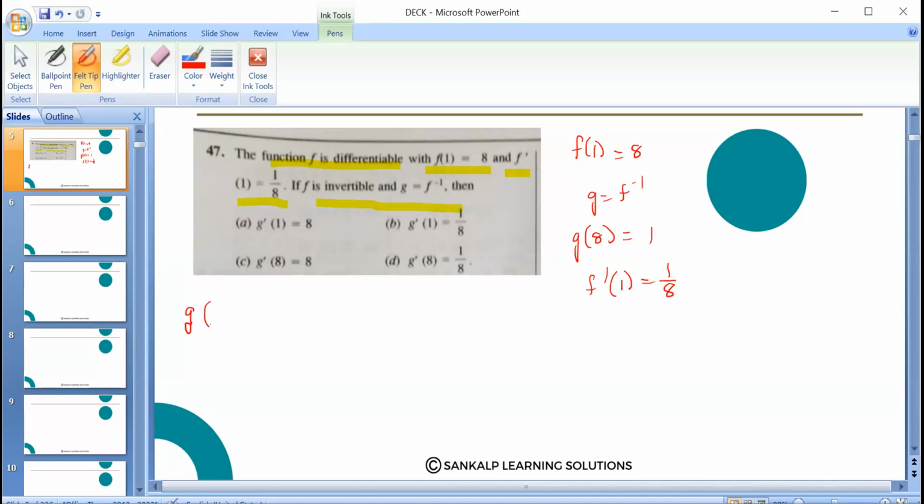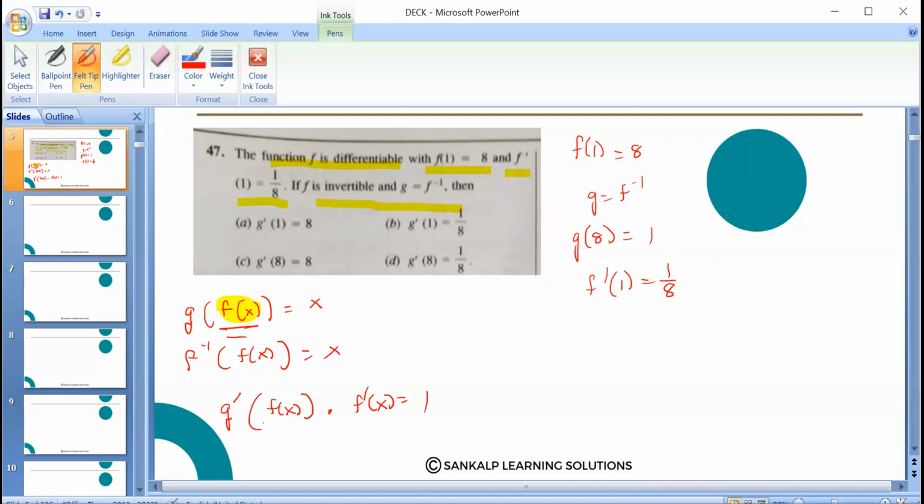Now G is inverse of f. That means G of f of x will be equal to x. If you take the derivative using the chain rule, this is inner function. Derivative of G into derivative of inner function f dash x.